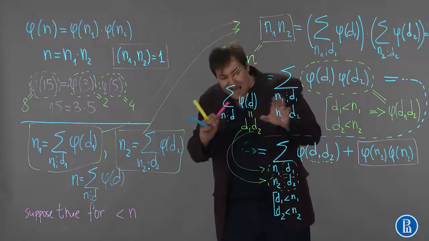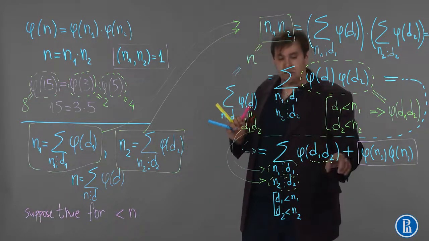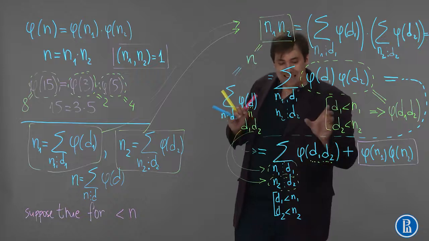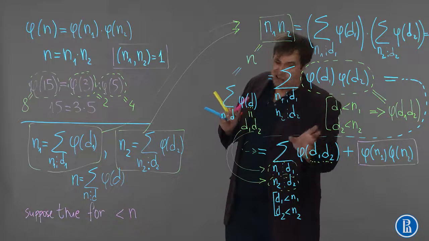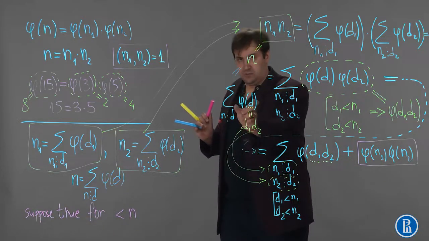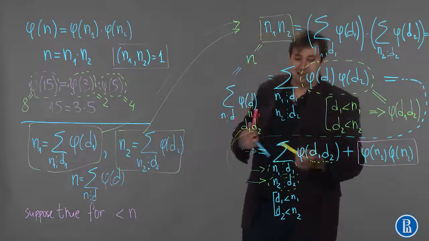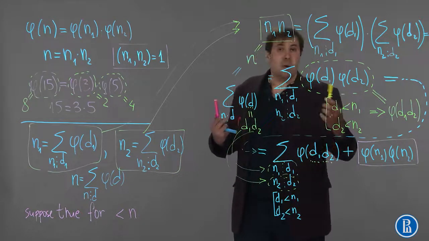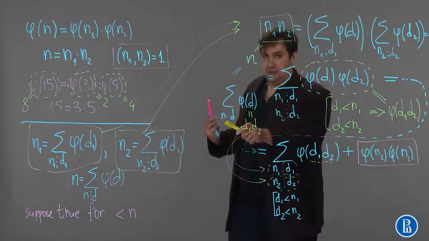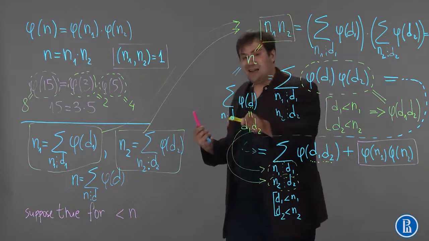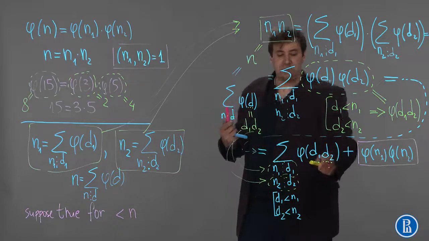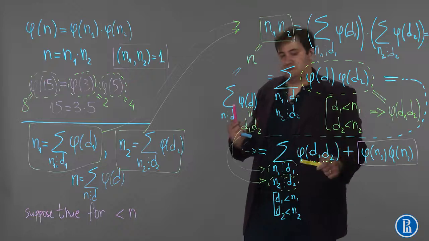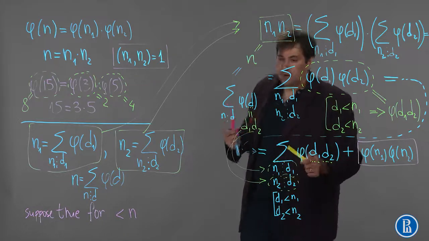I mean, any summand I take over here, I have the same expression over here. Because d1 multiplied by d2, this product is obviously one of the divisors of n. And every divisor of n can be decomposed into such product of divisors of n1 and n2.